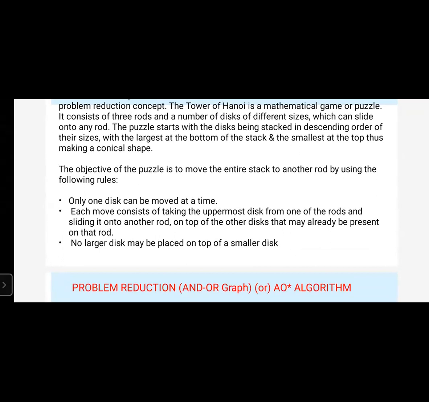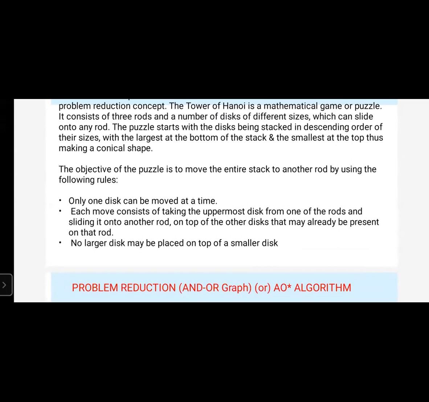The second rule is each move consists of taking the uppermost disk from any one of the rods and sliding it onto another rod, on top of other disks that may already be present on that rod.